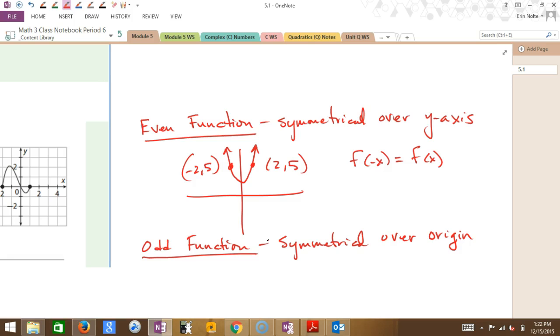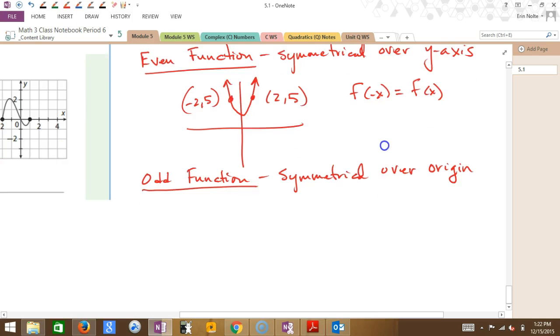It doesn't always have to go through 0, 0, but the idea of symmetrical over the origin, there's not like a line that is the origin line. It is a point. So the idea is like if you take the function and you turn it upside down, it would look exactly the same.